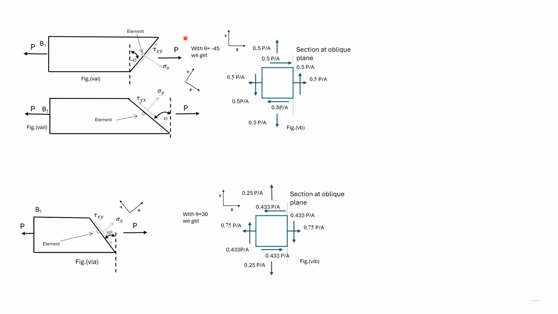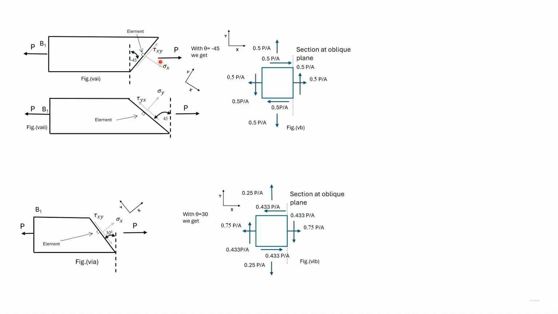We consider a plane here that is 45 degrees clockwise to the vertical. So the angle is minus 45 degrees. As earlier, this portion of the bar has to be in equilibrium, so there must be a force P acting on this side. This force P can be resolved into a normal force and a force along the plane.